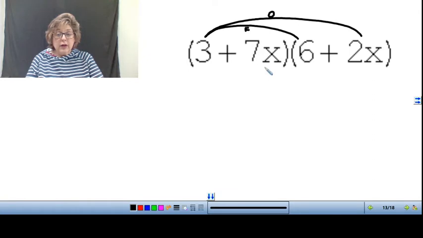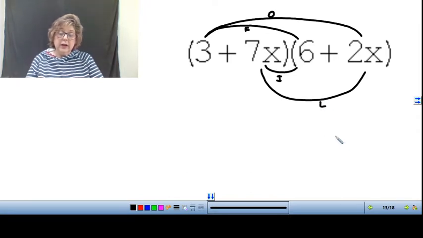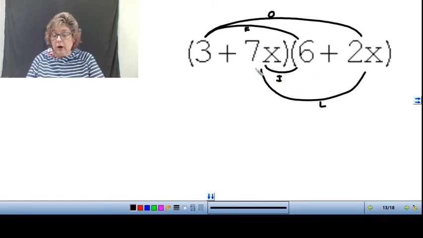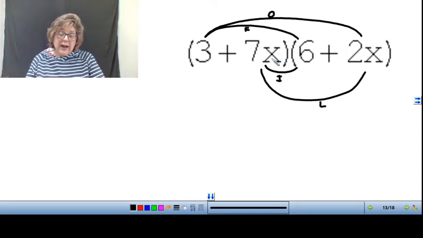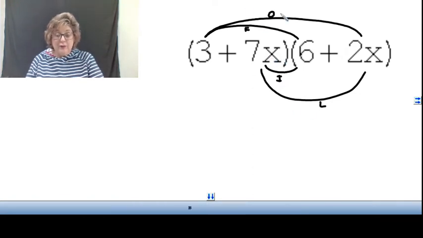Here's the outer. The inner is those two terms, and then the last would be here. Now, I like to have my students always draw it out because it reminds me sort of a crab claw or a lobster claw, and if they've drawn it out this way, they know they have the order right, okay?